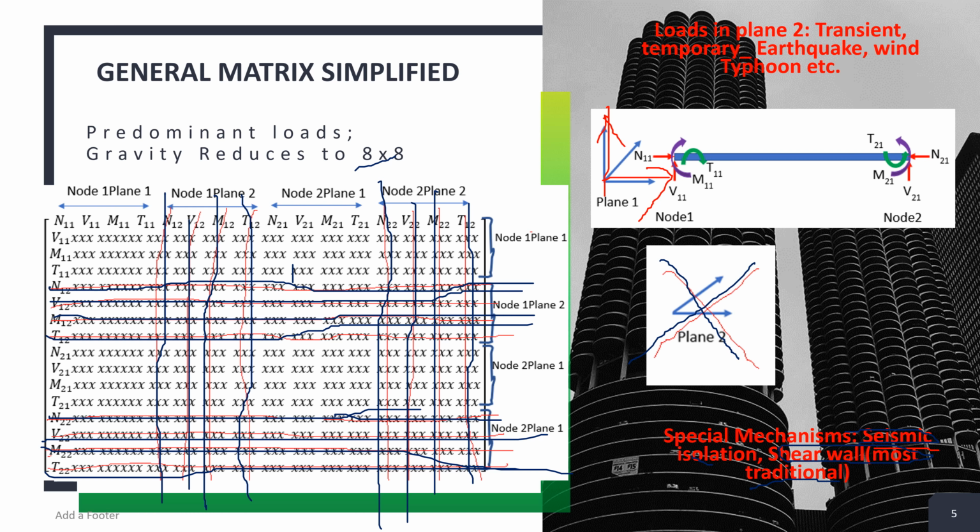So you should not forget that even though it was a 16 by 16 matrix, it only consists of the four things: the axial force EA over L, the shear force 12 EI over L cubed, and sometimes 6 EI over L squared, the moments and the torque. That's all. And then the node, whether it's node 1 plane 1, node 1 plane 2, or node 2 plane 1, or node 2 plane 2.